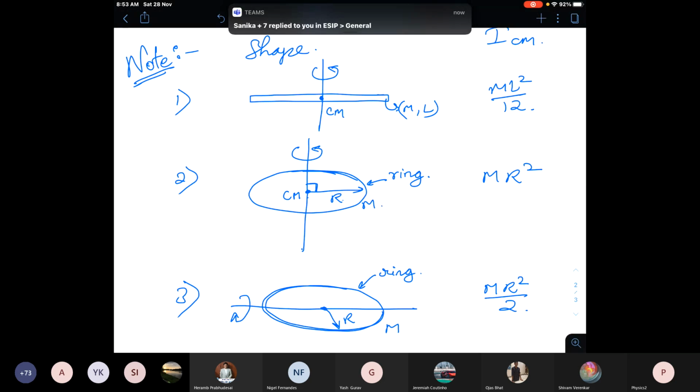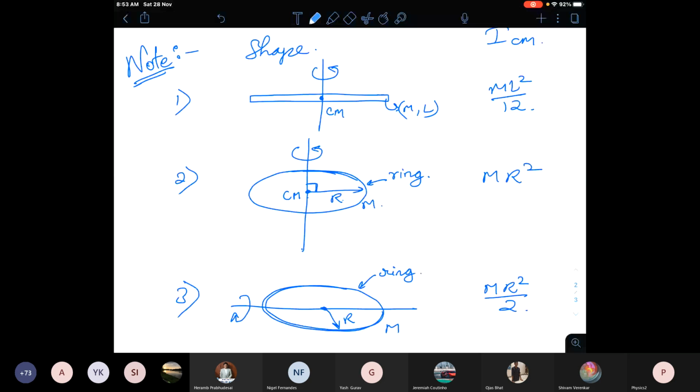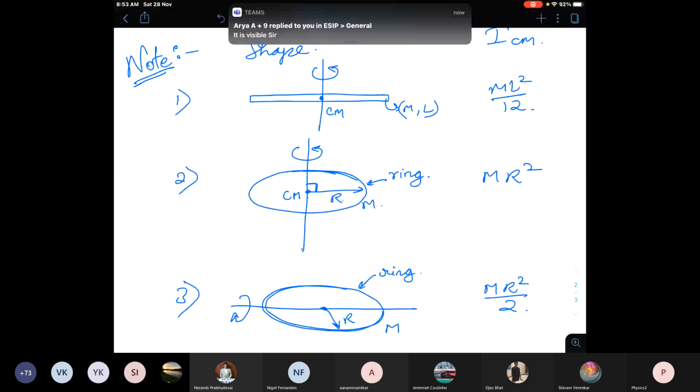Only you are not able to see the screen. Almost everybody else is able to see the screen then. So I will try and rejoin again. Most probably it should help. And it is visible to everybody else. Must be a network issue with him. No problem.